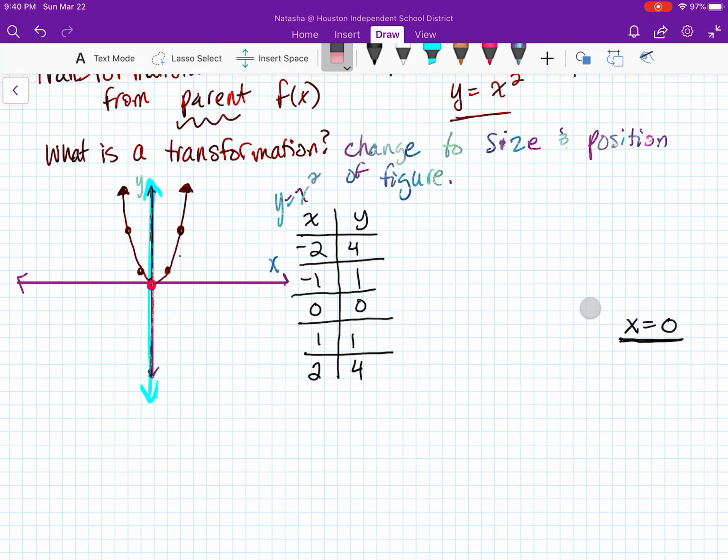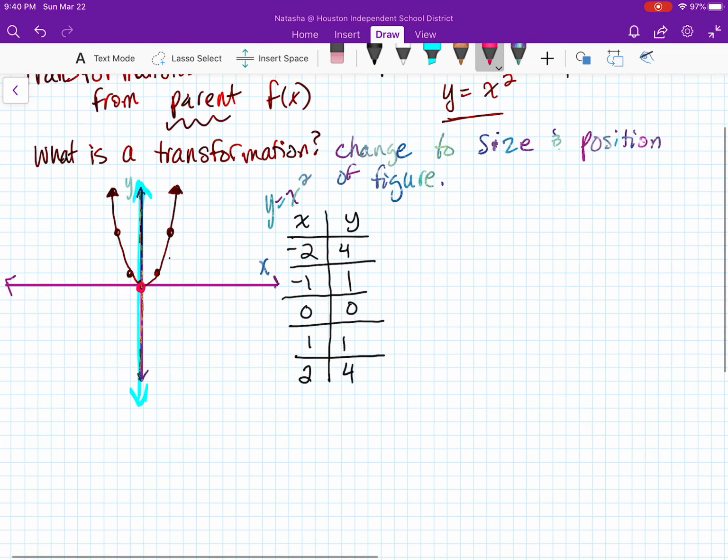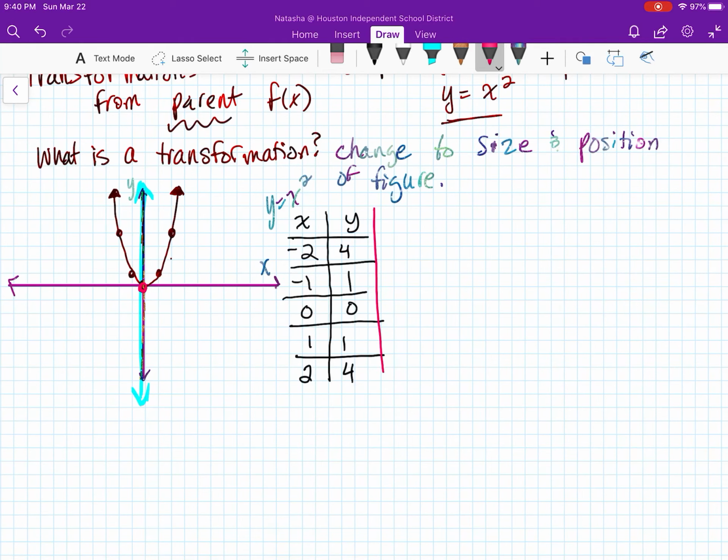So let's say, for example, and we're going to talk about the vertex and all that stuff momentarily, because I want to talk about the problems. Let's say that we have a new, transformed quadratic. Let's call our original parent function f of x, and we're going to call our transformed function g of x, because that's the new one.